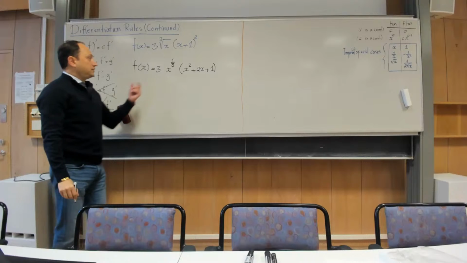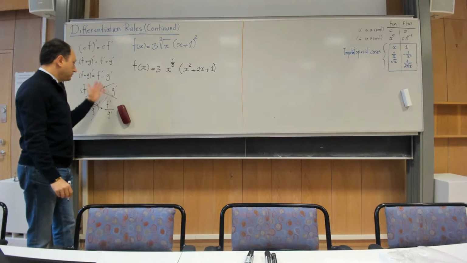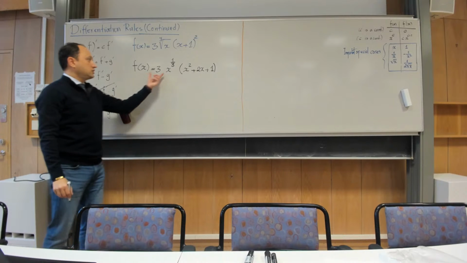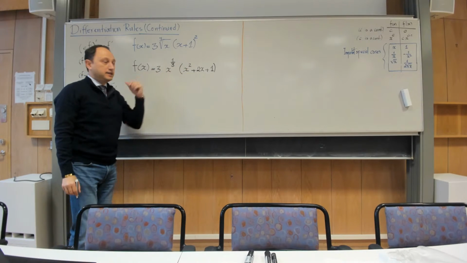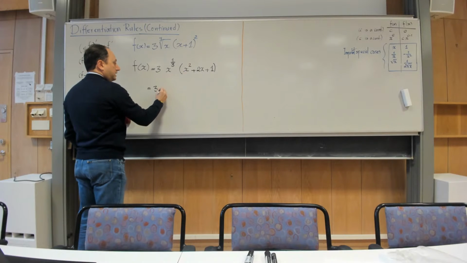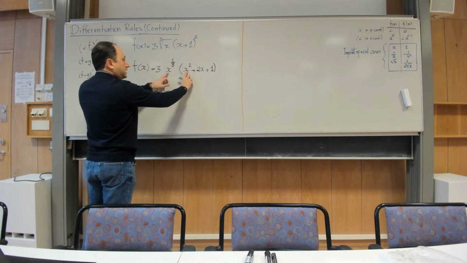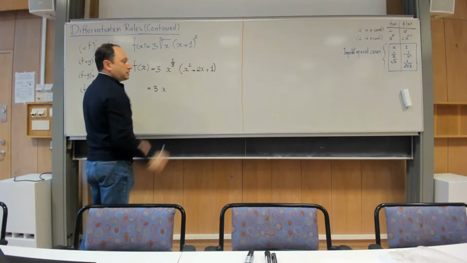It's not enough yet because that's written in the form of a product and we still don't know the formula for the product. So I need to multiply. Let us do it in our head. x to the power of 1 over 3 multiplied by x to the 2. Because the bases are the same, the exponents are added.